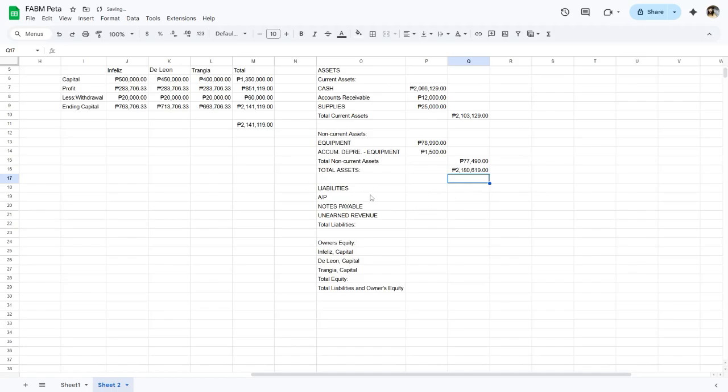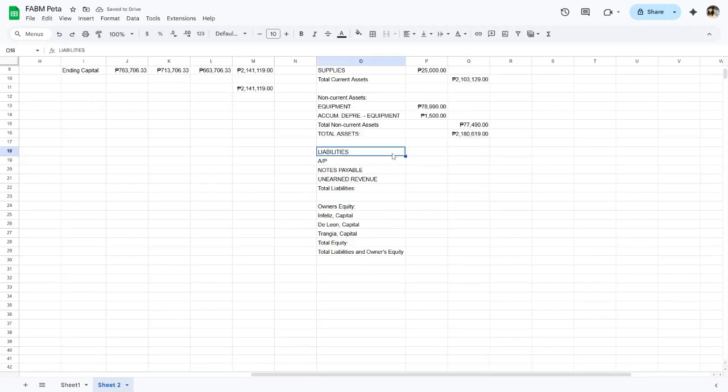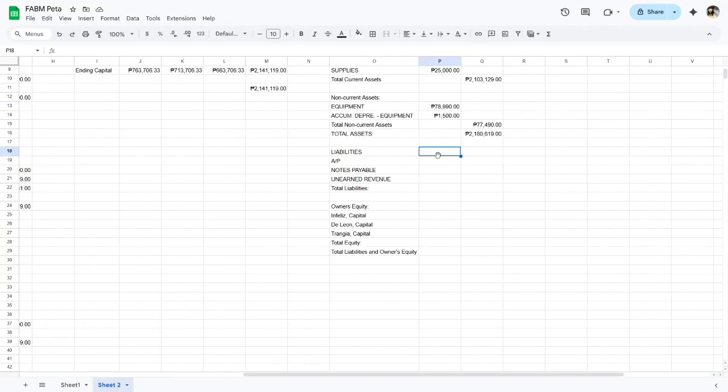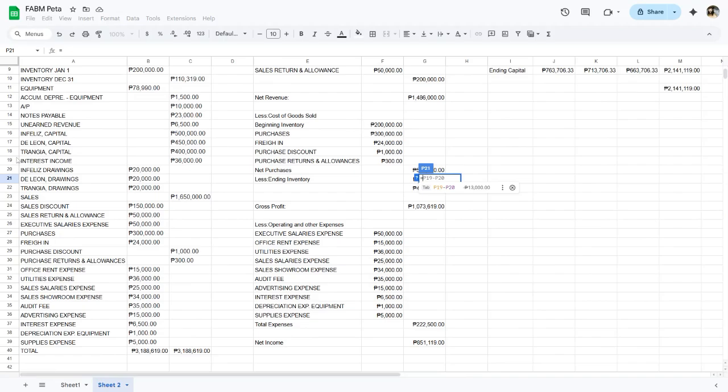Yes, and let's proceed to our liabilities: accounts payable, notes payable, and unearned revenue.